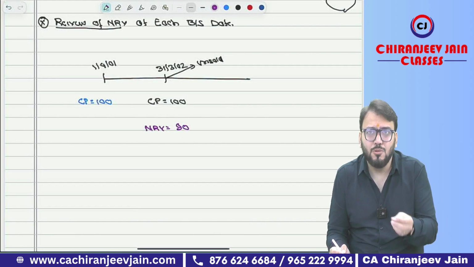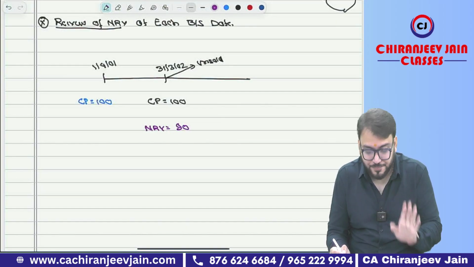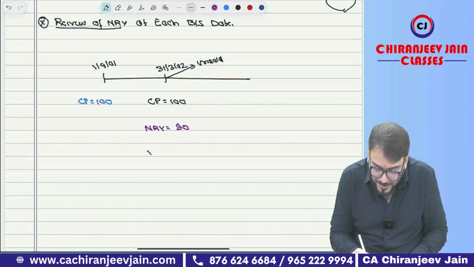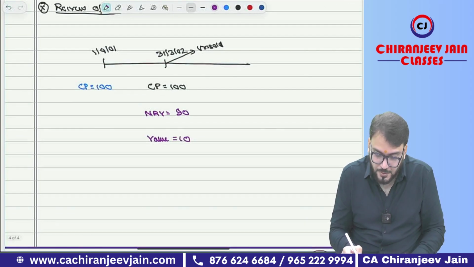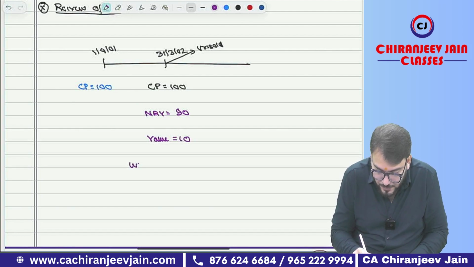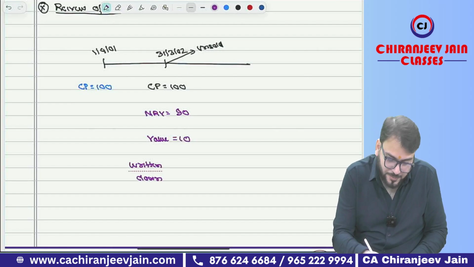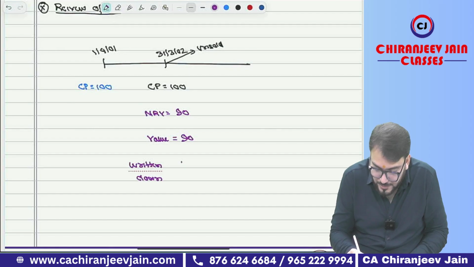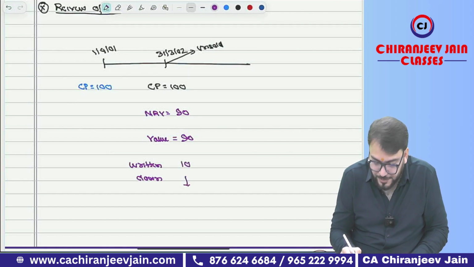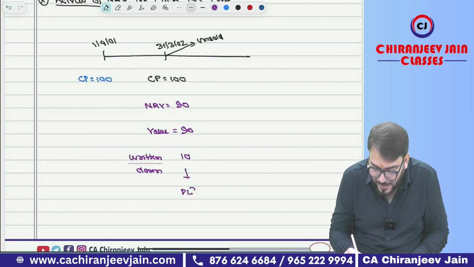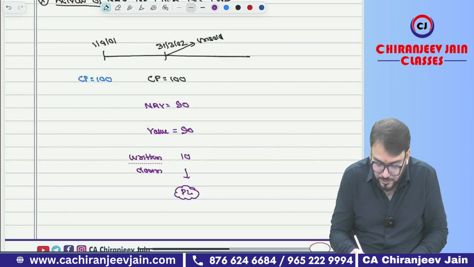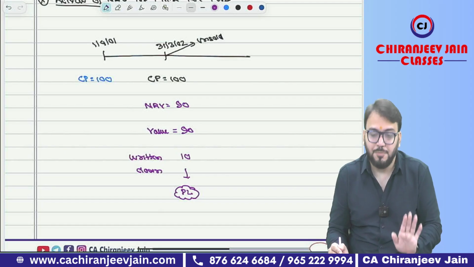Quite possible. Now don't ask me why NRV becomes 90. Now if NRV becomes 90, then the value is equal to 90. So how much is written down? 10. And this will be charged to PL as an expense.